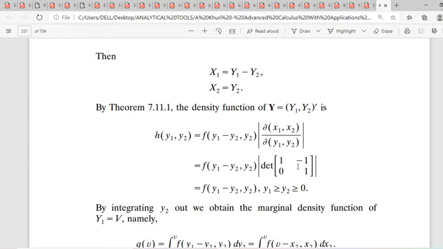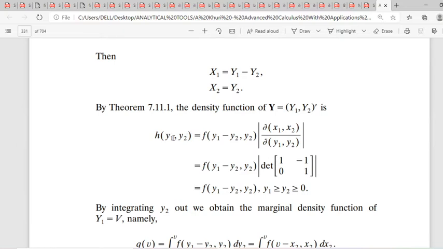Then take the determinant and the modulus. The value is 1 minus 0, that is 1. So the determinant is 1 and the modulus is 1, so we need not consider any more terms.